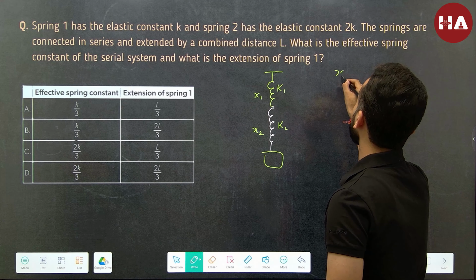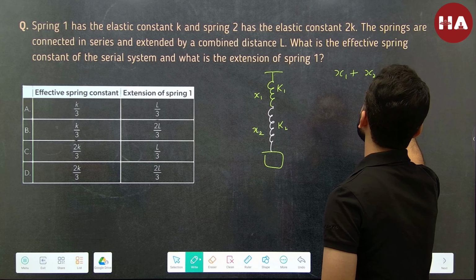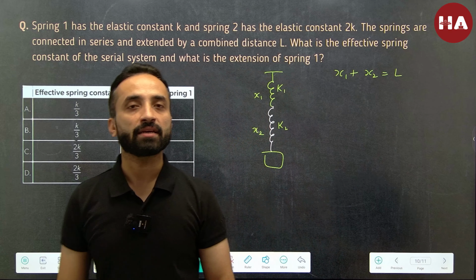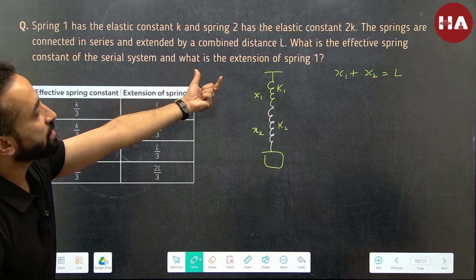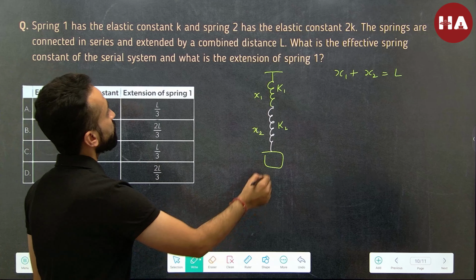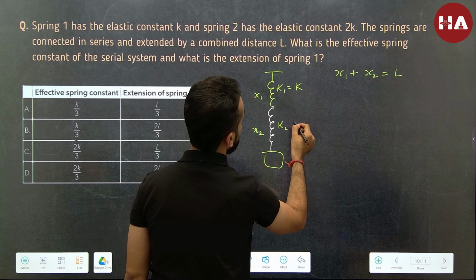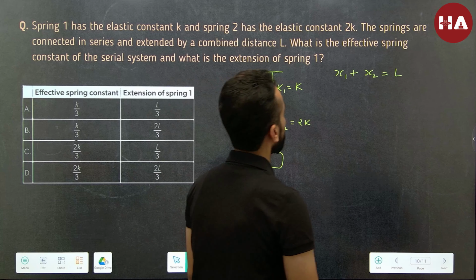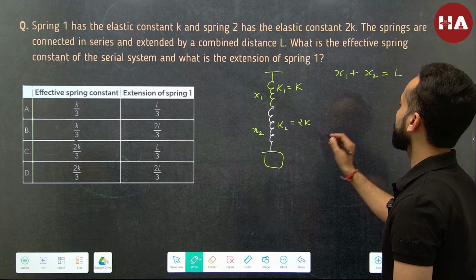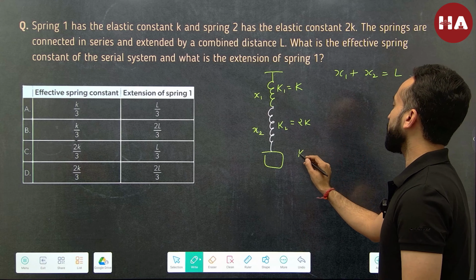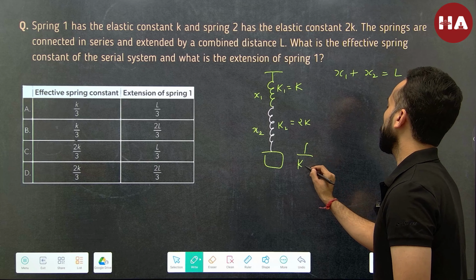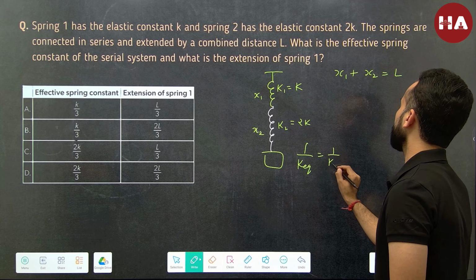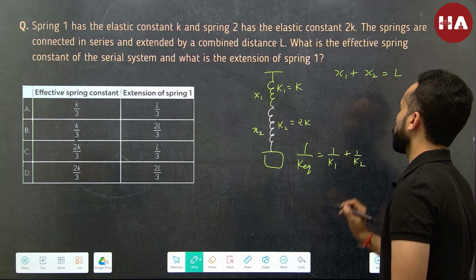So what are they telling us? They are telling us that the combined extension of the two springs is L, right? But if the stiffness constant of this is K, this one is going to be 2K. So can we write that equivalent K is going to be, using the formula that we have just learned for series combination, 1 over K equivalent equals 1 over K1 plus 1 over K2.